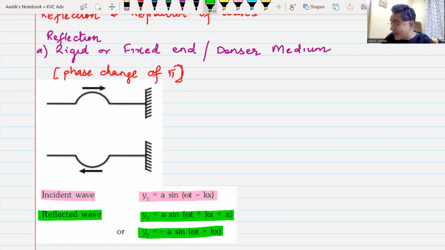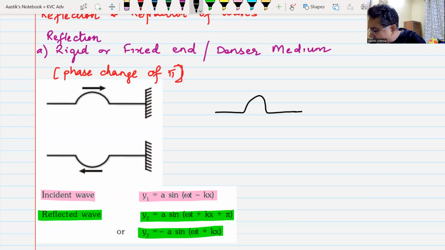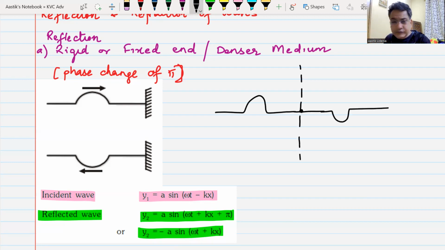Now the same thing will happen if we have a longitudinal wave, or a wave getting reflected from a denser medium. For example, if this was the wave, and at this point it was going into another medium, the material of this has changed.